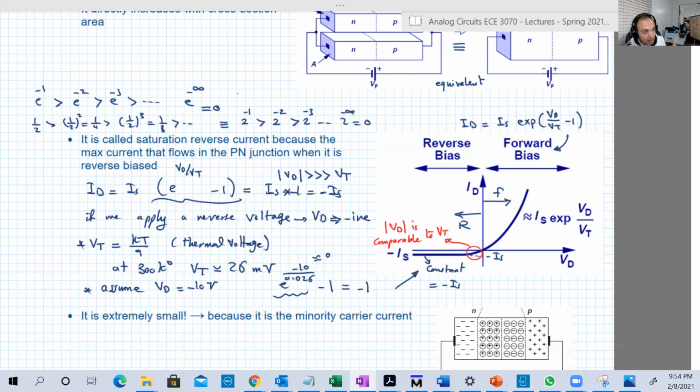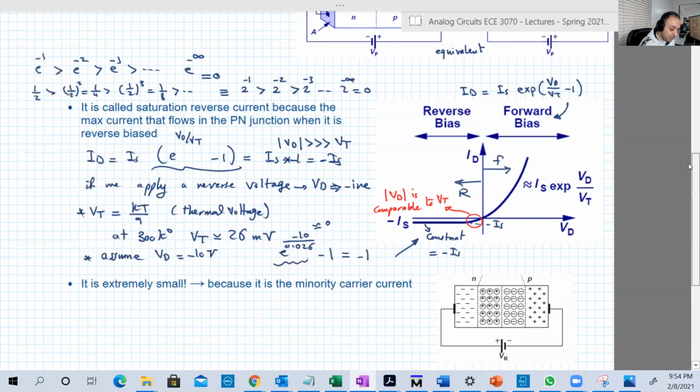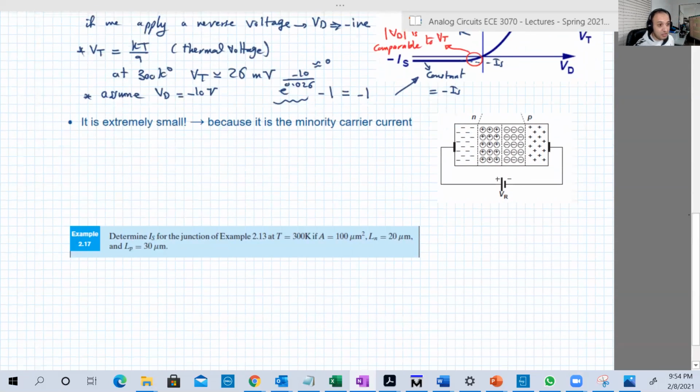Now, as a physics, what is this current exactly? We know it's flowing in reverse, but why in reverse? Let's see. Okay, let's have a reverse connection like this, and let's try to understand what these carriers are, because a current needs carriers.